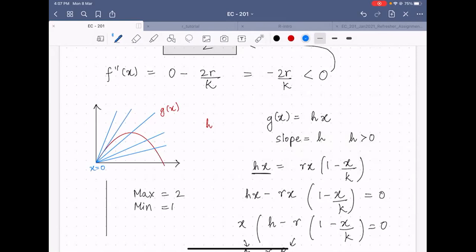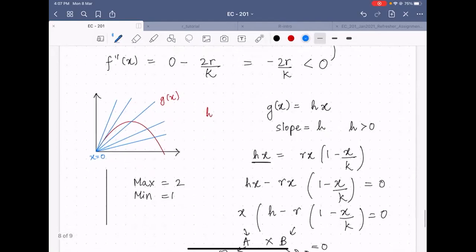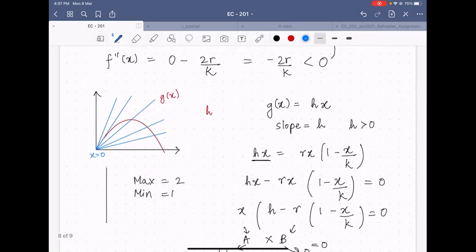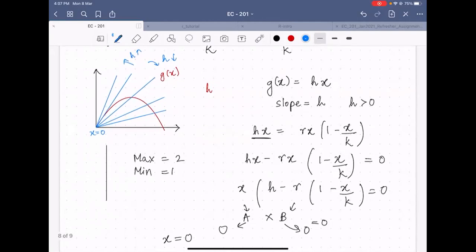But basically, in this direction your h is increasing, and in this direction your h is decreasing. After this point, when it is tangent to the plot, along these points you will find that there are 2 points of intersection.